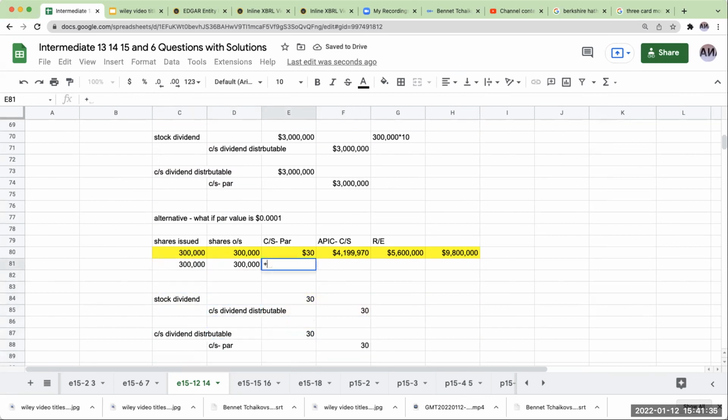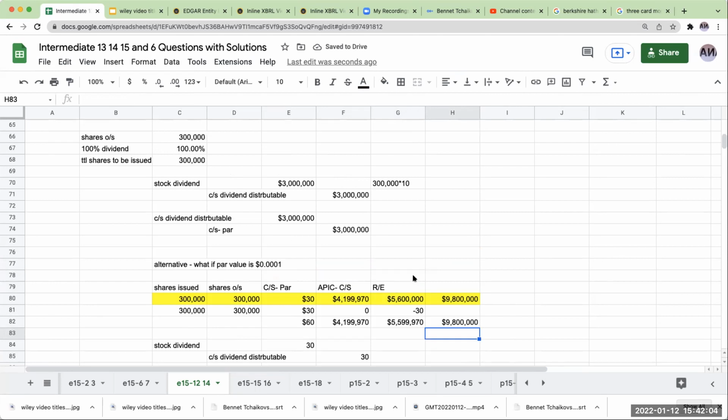So my common stock at par is going to be here. There's no effect here. Retained earnings just went down by $30. And if I look at this, basically my total amount is now still at 9.8 million.